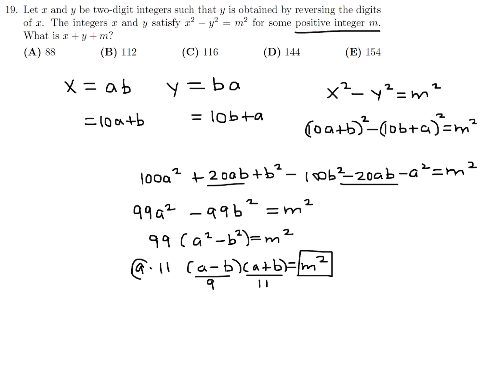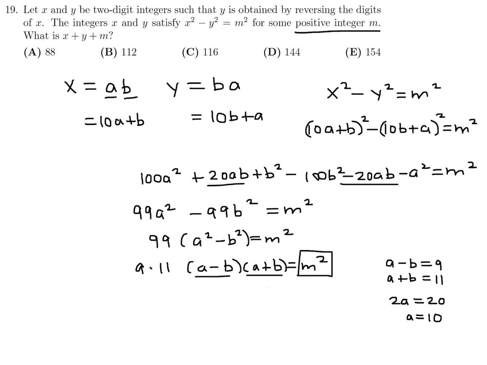If that is true, then we'll have a perfect square. We'll have 9 squared and we'll have 11 squared. All right? A minus b equal to 9, a plus b equal to 11. So adding these, we get 2a is equal to 20, and a, therefore, is 10. But that's not going to work because a and b are single digits. So that doesn't work.